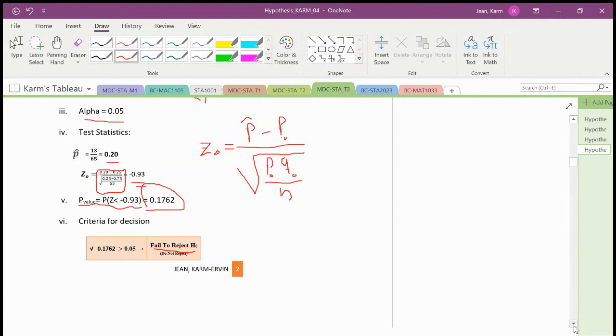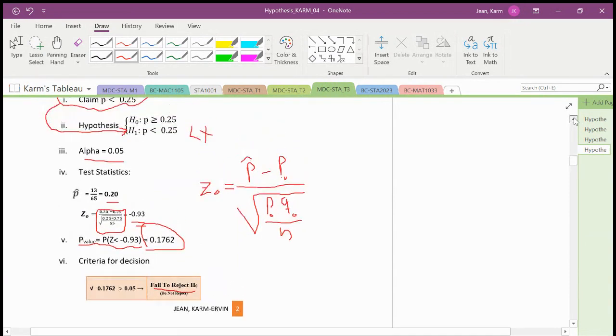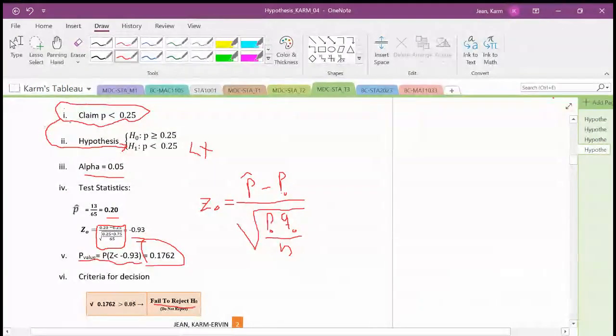Remember, I have my claim with H1, and also I failed to reject H0. So what kind of conclusion will I have? What will be the conclusion?